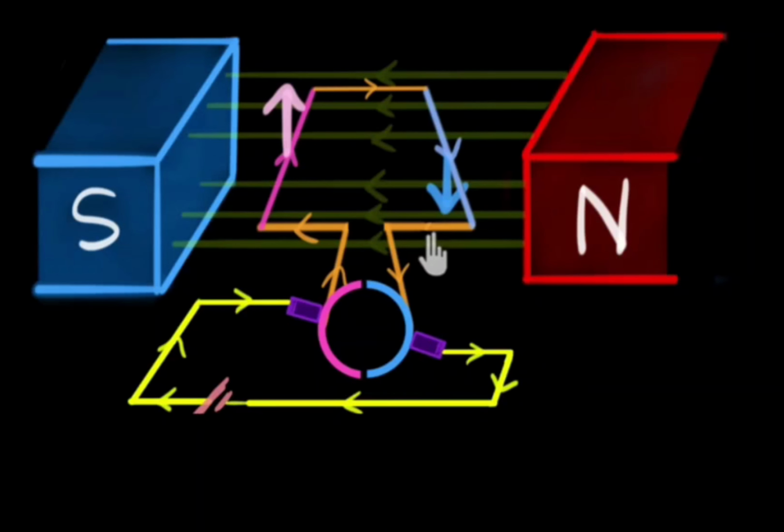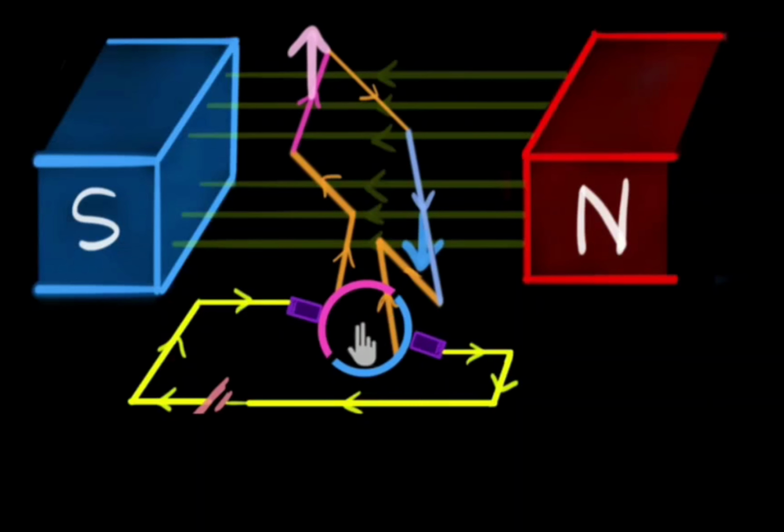All the conductors under the north pole carry inward flowing currents, which react with the air gap flux to produce downward acting forces and counterclockwise torque. Similarly, the conductors under the south pole carry outward flowing currents, which produce upward acting forces.